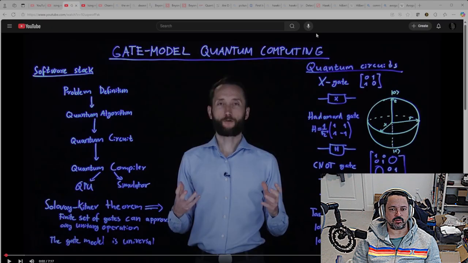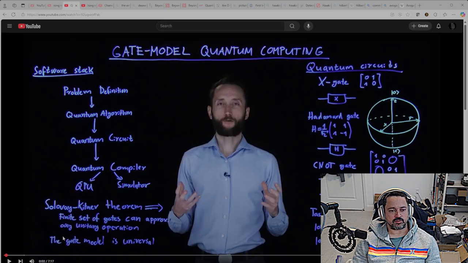So gate model quantum computing, software stack: problem definition, quantum algorithm, quantum circuit, quantum computer, QPU, and simulator. So quantum processing unit, and that's a quantum compiler and a simulator. So the Solovay-Kitaev theorem: a finite set of gates can approximate any unitary operation, right?